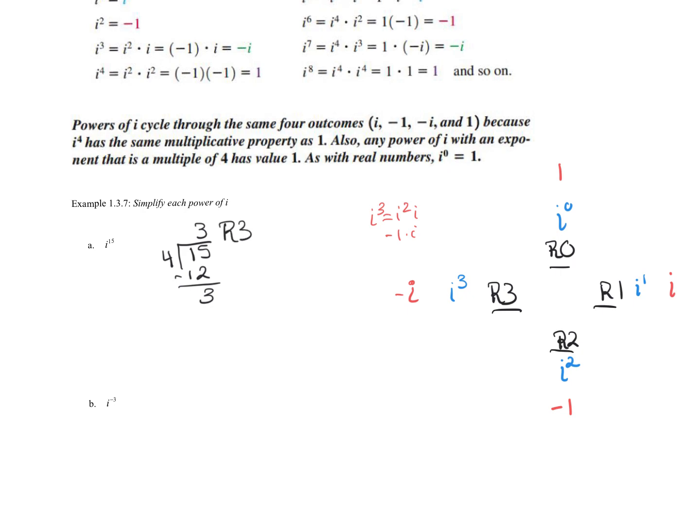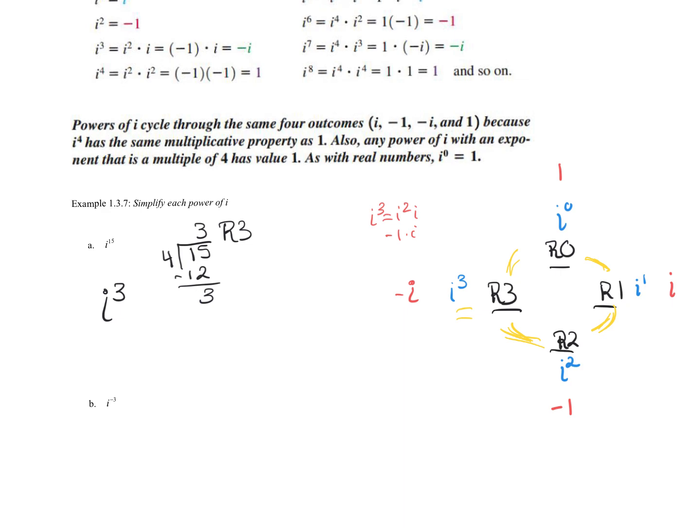So what that means is I went through the cycle 3 times, 1, 2, 3, and then I went a remainder of 3. So remainder of 1, remainder of 2, remainder of 3 right here. So i to the 15th is the same thing as i to the third power. So really all you're doing is finding the remainder and putting i to that power.